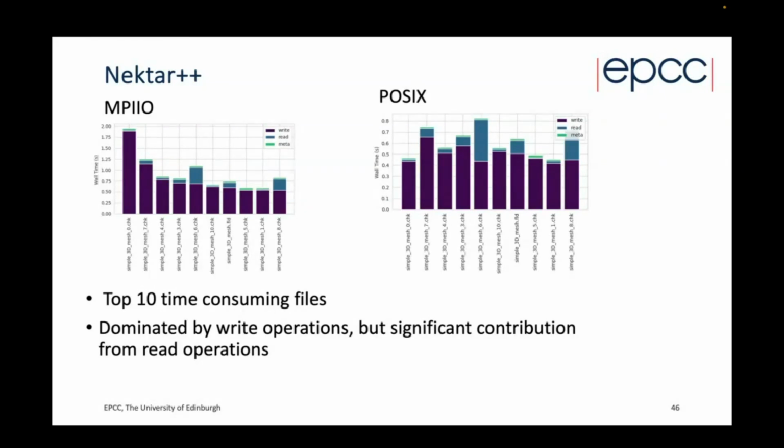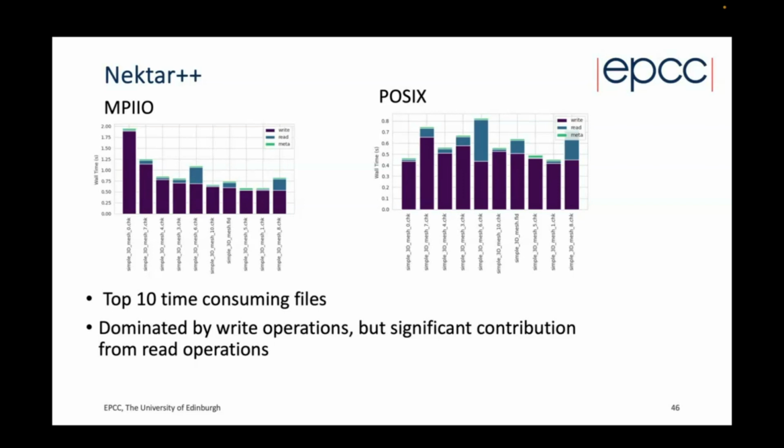But you can see there are also quite a few read operations, which take quite a significant amount of time, probably because the size of the output is so small, and a very tiny bit of metadata operation, which means just opening, closing files, and checking a file exists.